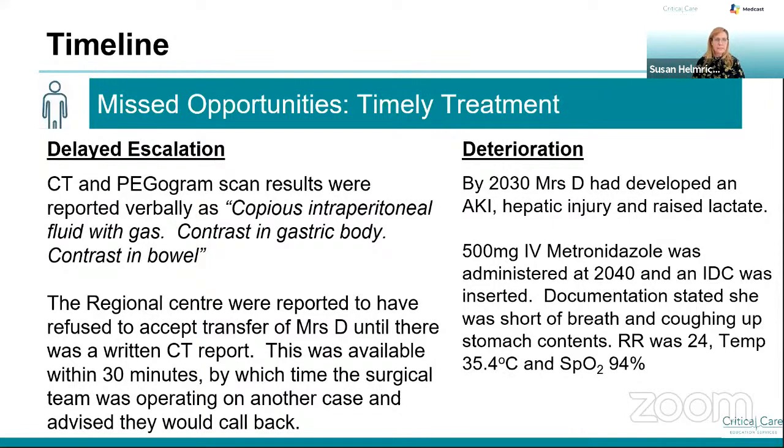But there was no documentation of this, and no documentation around whether the nurse actually escalated or communicated their concerns to the doctors. This is a really timely reminder that we should always be documenting when we have concerns or when there's a variance in our patient, and also document when we have escalated and communicated those concerns.